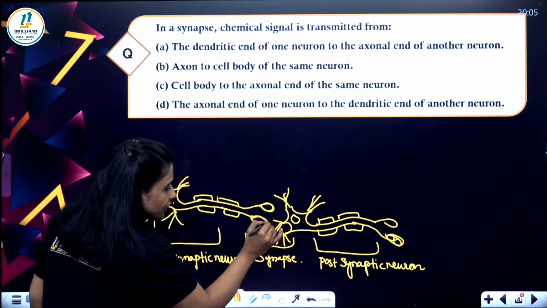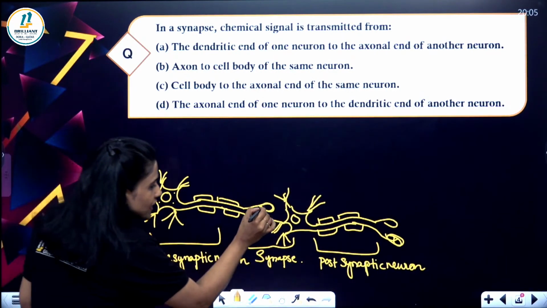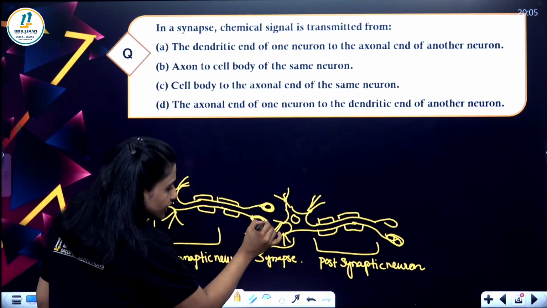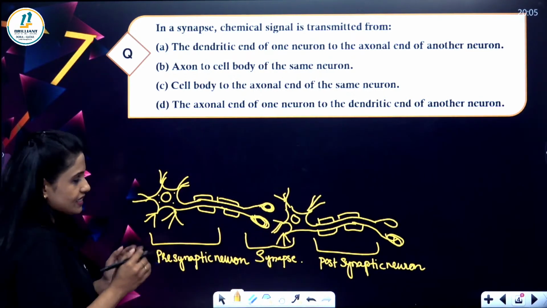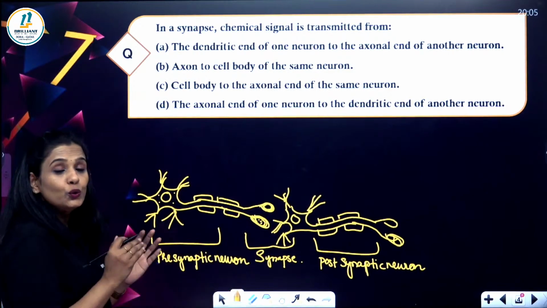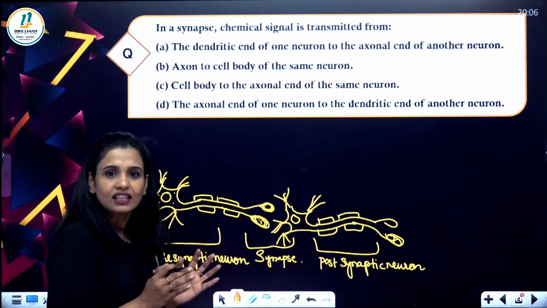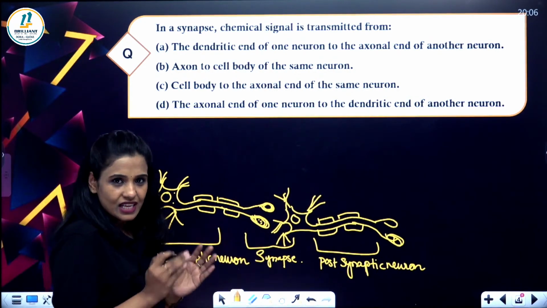Inside the synaptic knob, synaptic vesicles are there. Inside the synaptic vesicle, there will be neurotransmitters.